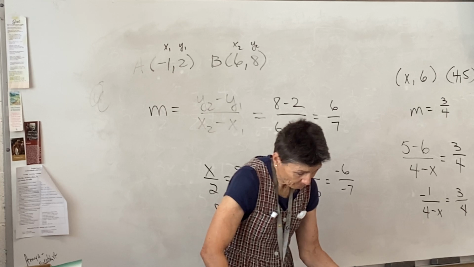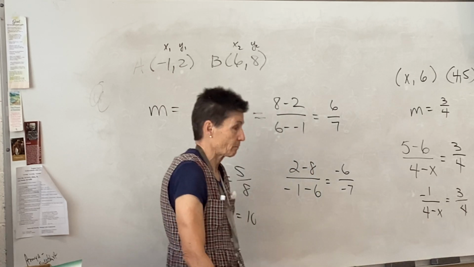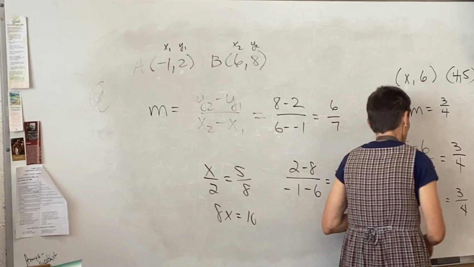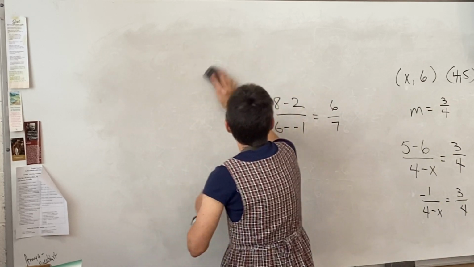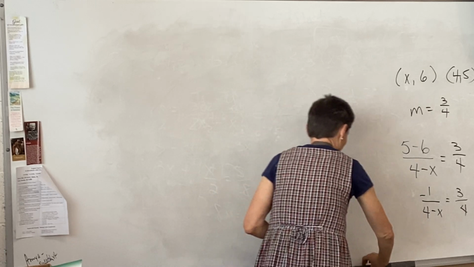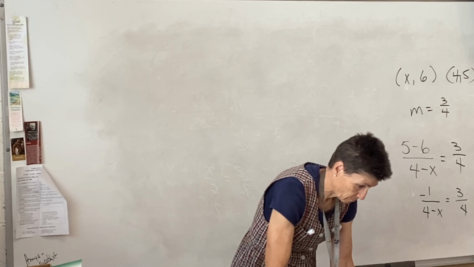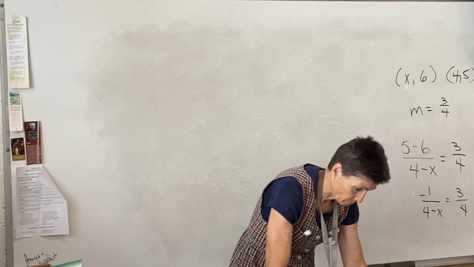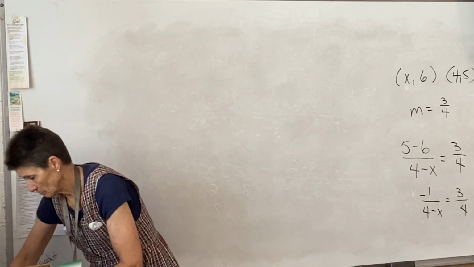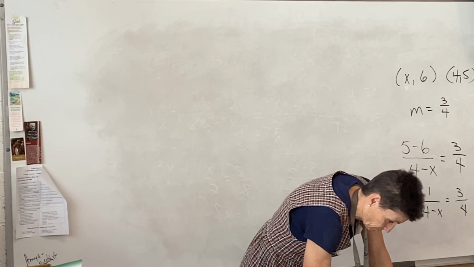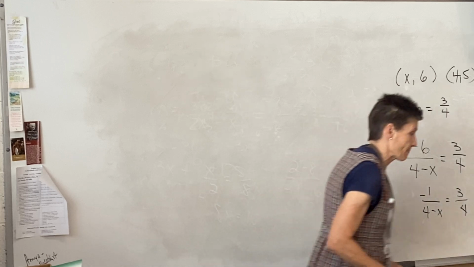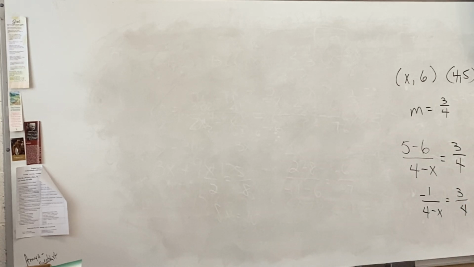But let's get problem B sorted out. Cross multiply the 2/3 and the 1/2.